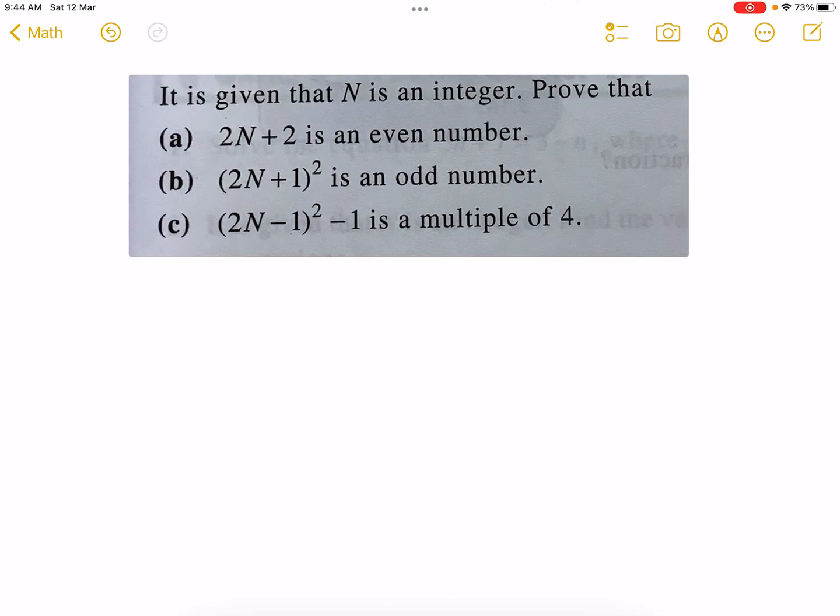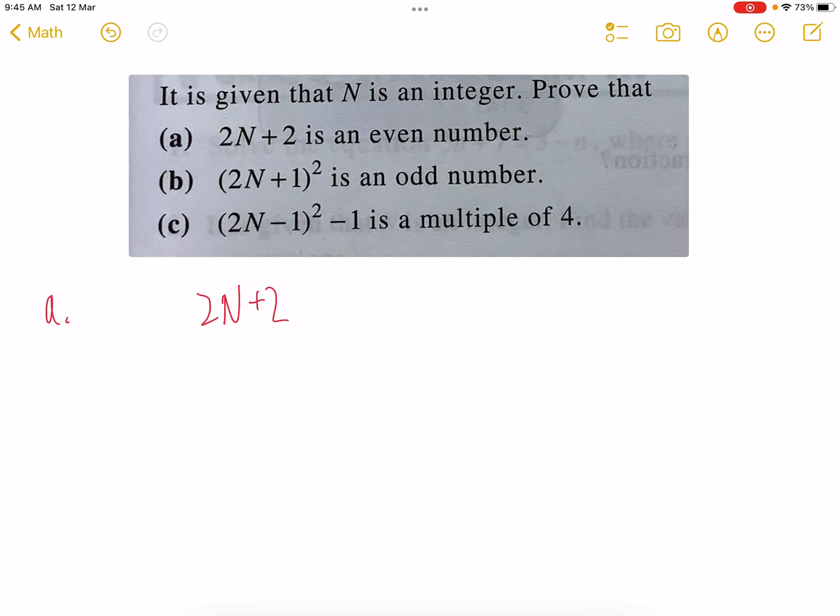Now this is more interesting. It's given that n is an integer. So again, integers are just the positive and negative versions of natural numbers. Prove that part A, 2n plus 2 is an even number. Okay, so let's do it. Now, what are even numbers? Well, even numbers are those numbers that can be divided by 2, right?